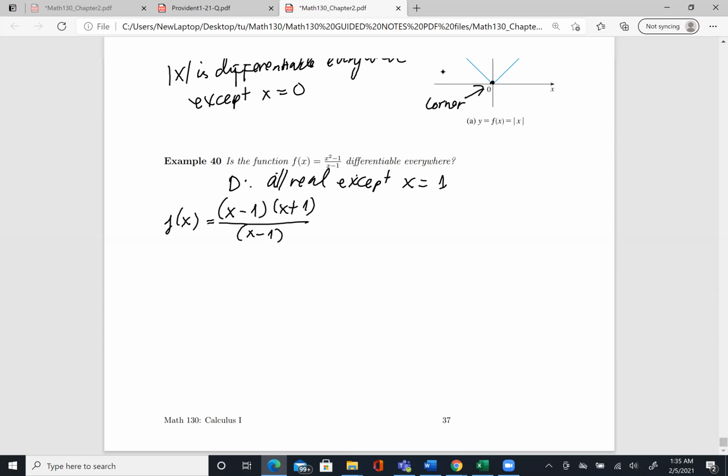Now you can cancel this and have x plus 1.